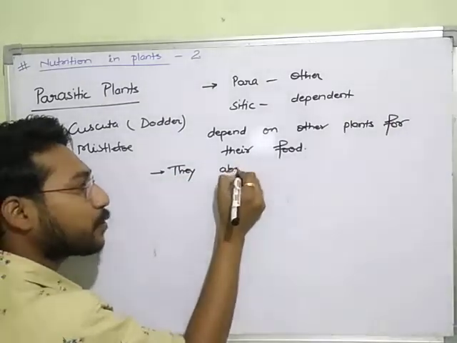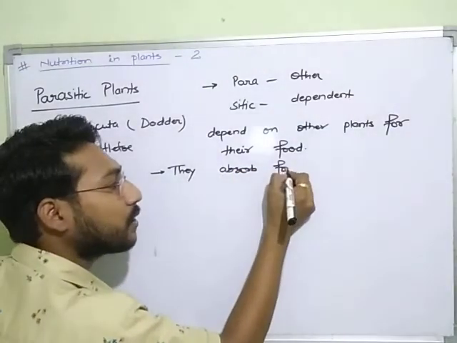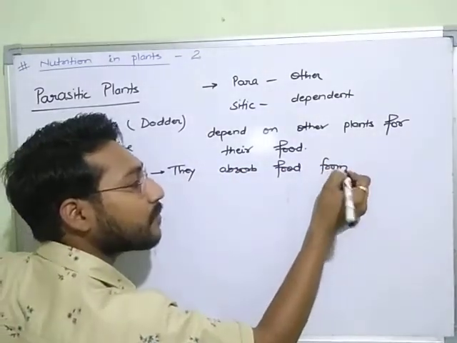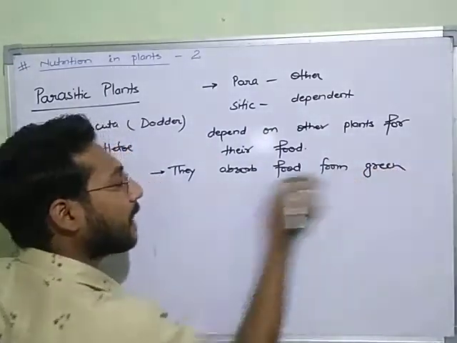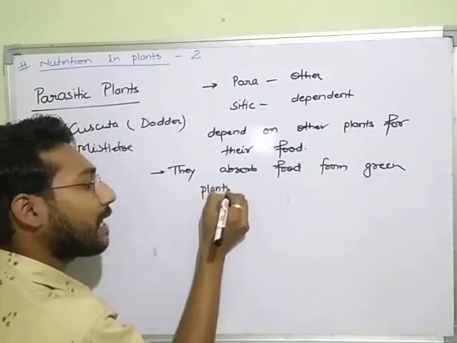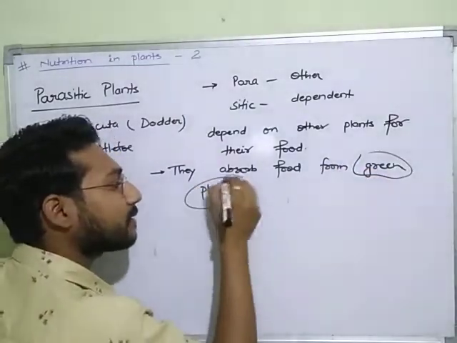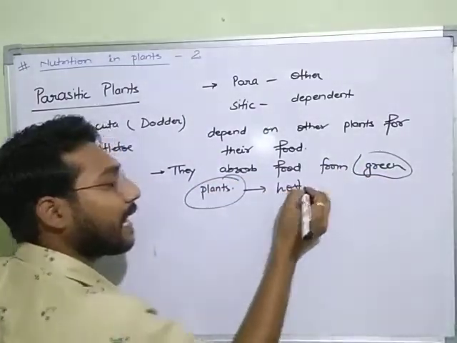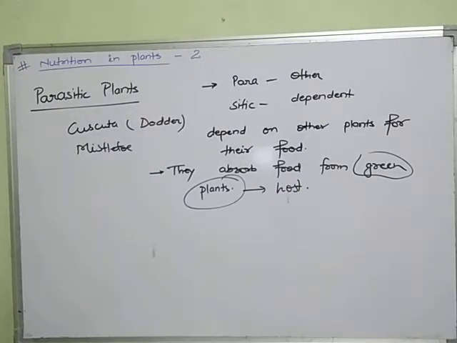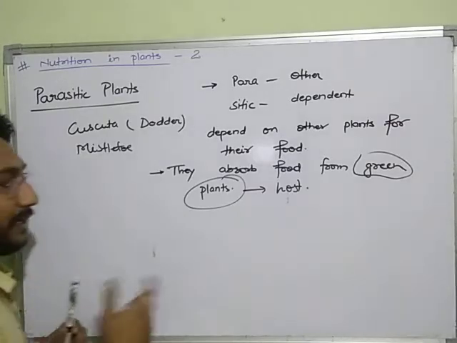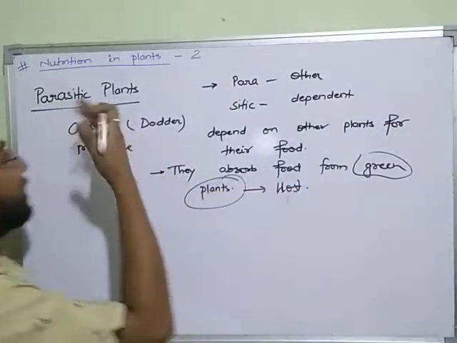They absorb food from green plants, and these green plants are called as what? These green plants are called as host. Okay, H-O-S-T, host. In parasitic relationship, only the parasitic plant benefits, but it usually does not kill the host plant, hence continues to live off it. So these are parasitic plants.